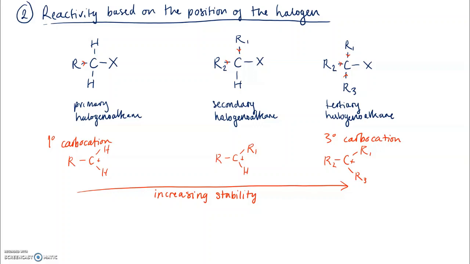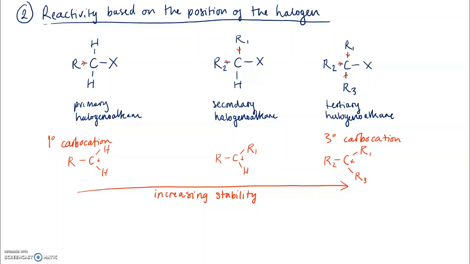And this is important with regards to a mechanism which involves a carbocation intermediate, such as electrophilic addition, such as nucleophilic substitution via SN1, because your carbocation intermediate needs to stick around in the reaction mixture for long enough for the reacting species to come along and attack it.